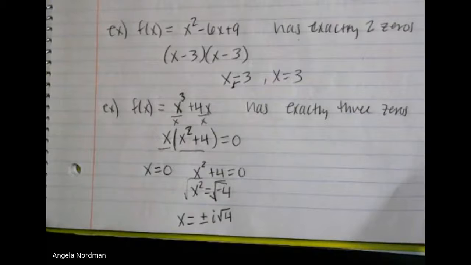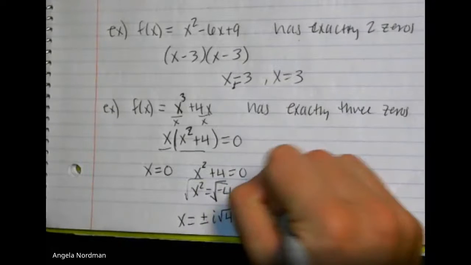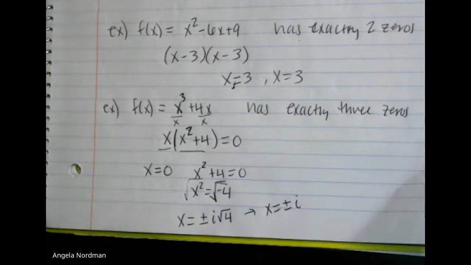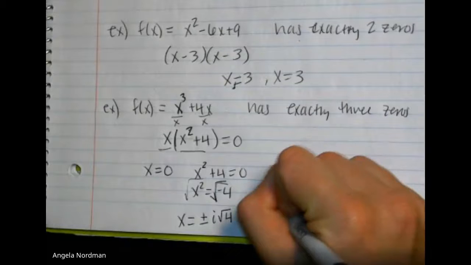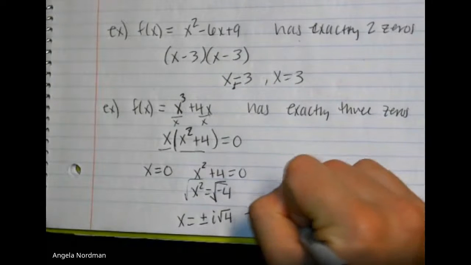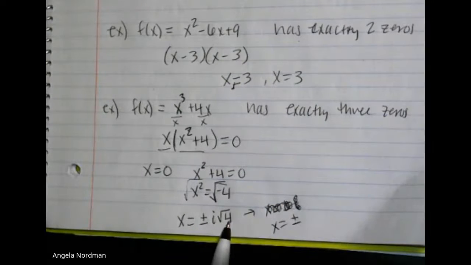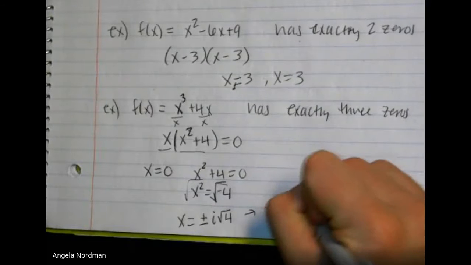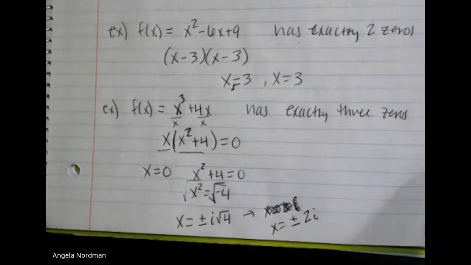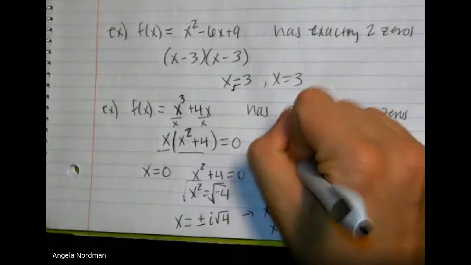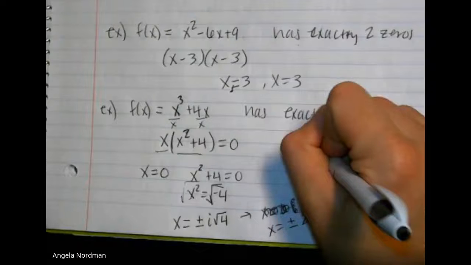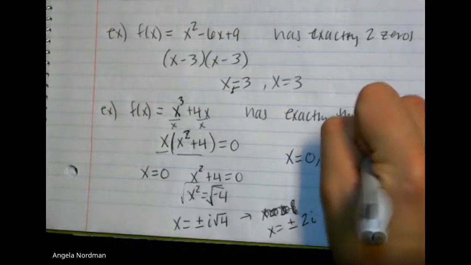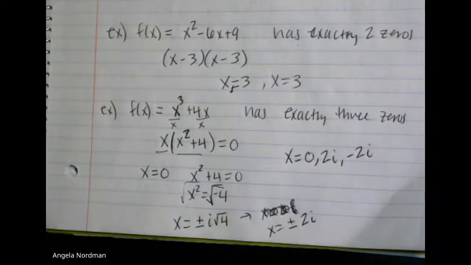So x equals plus or minus i times the square root of 4. I know that the square root of 4 is 2, so it would be 2i. So my 3 zeros in total would be 0 for the first one, positive 2i, and negative 2i.